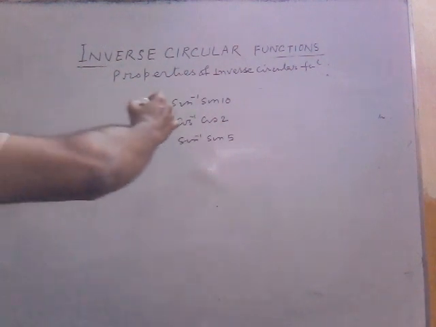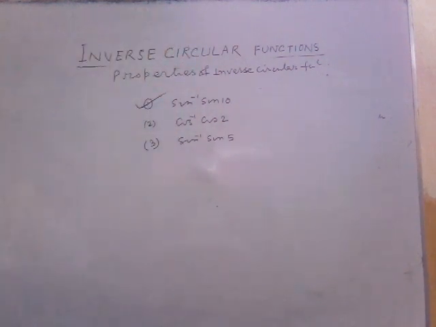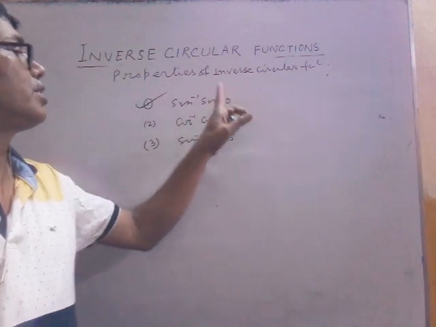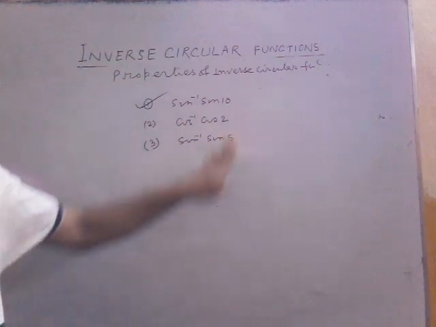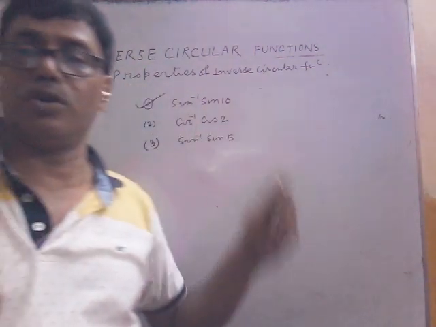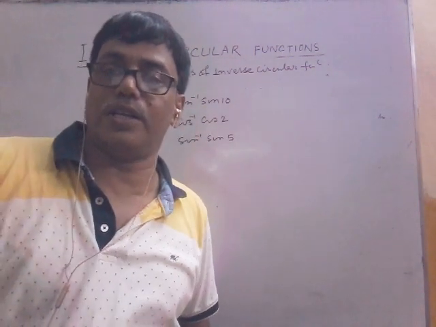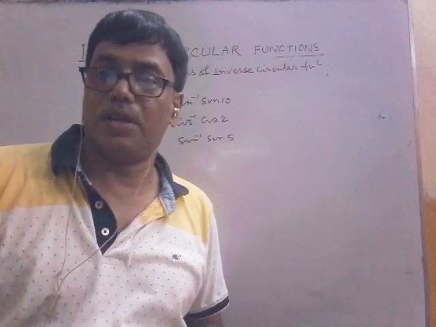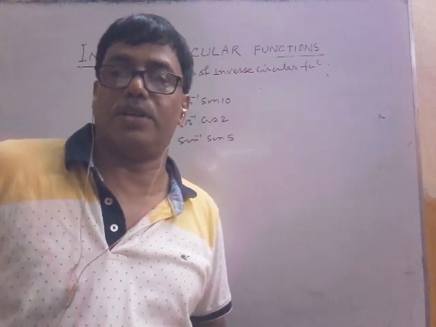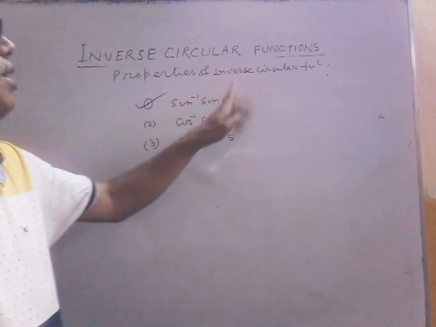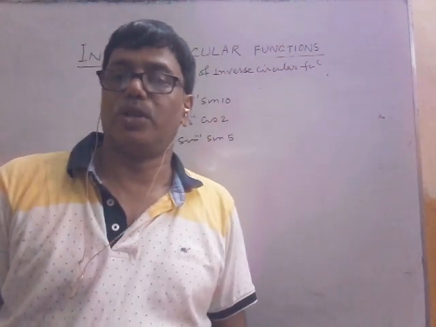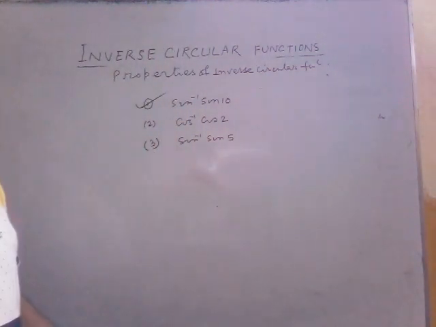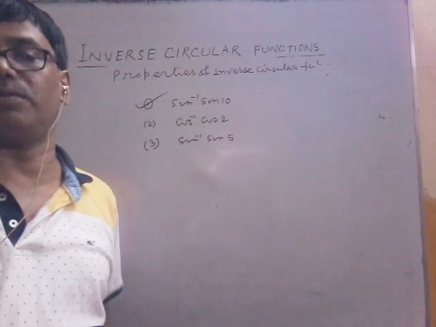Now consider problem number 1. Now this 10 is actually measured in radians. 10 radians. You know 1 radian is approximately 57 degrees. So 10 radians is 570 degrees. So 570 degrees is not in the principal value range.